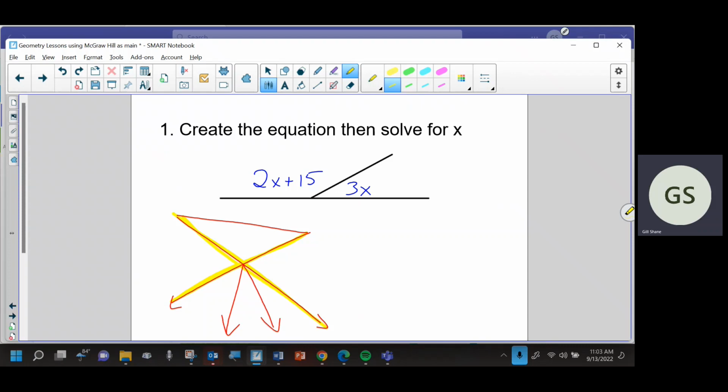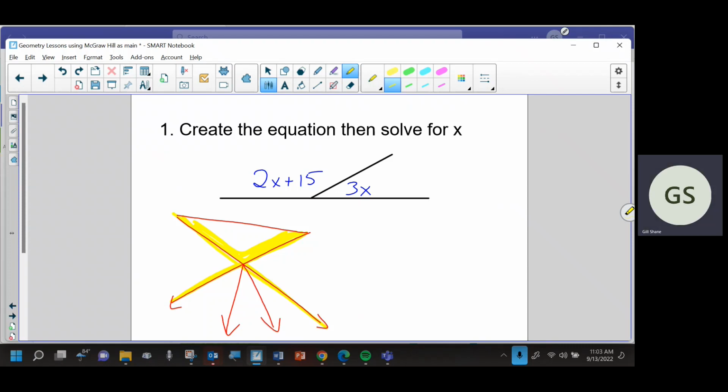Across from each other. So here's an angle, right? Pretty easy to see that angle right there. But across from it, what do I have? I have a whole bunch of stuff across from it. You have to be able to figure out what is the angle that's equal to that other angle across from it.